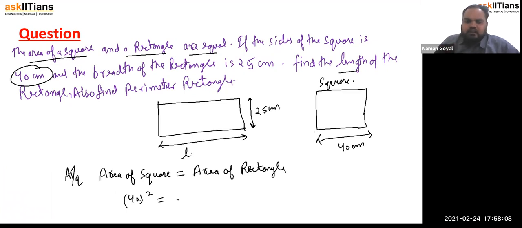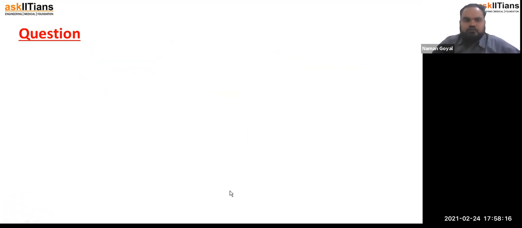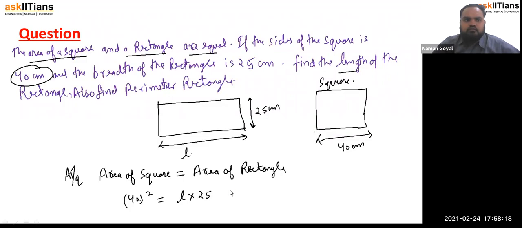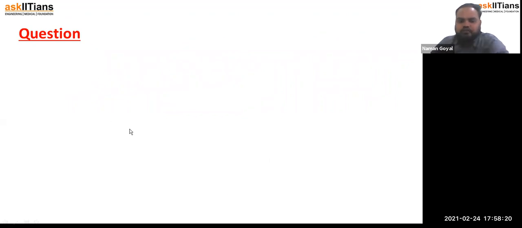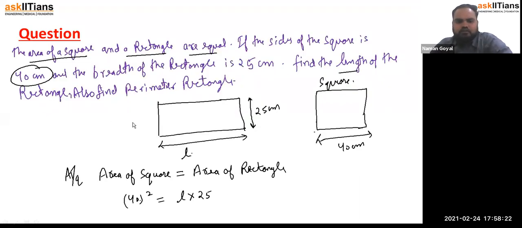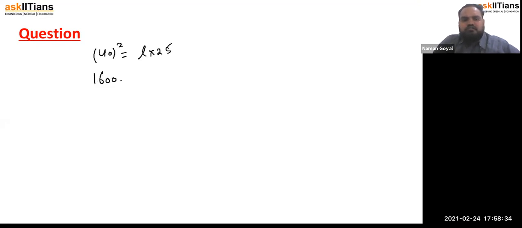So length is L and breadth is 25, right? So we get 40 square is equal to L multiplied by 25. So 40 square is 1600, which is equal to L into 25.